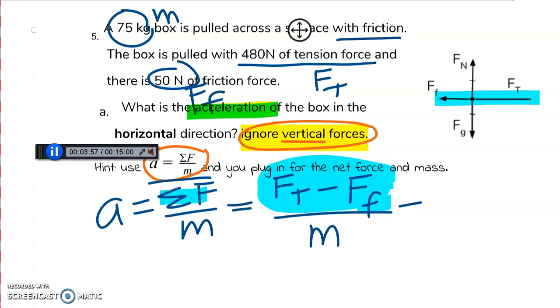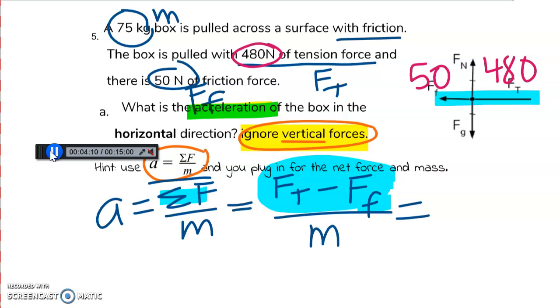Actually, before I do that, I'm going to add numbers in my diagram. In my diagram, I can represent the numbers that were given in the word problem, where 480 is how much is being pulled to the right, and 50 newtons is how much is being pulled against it to the left.